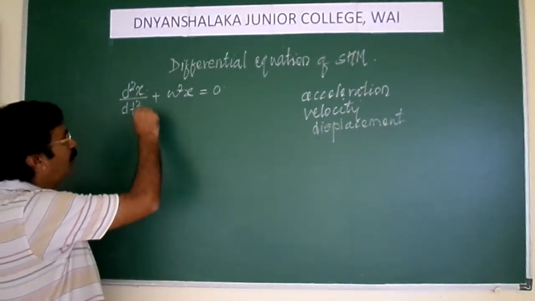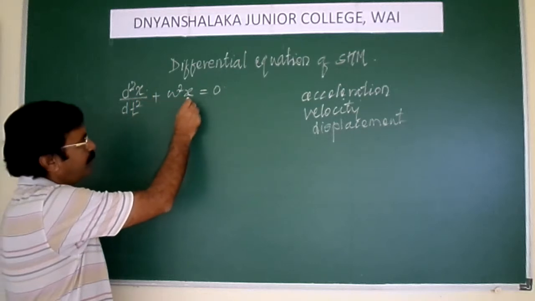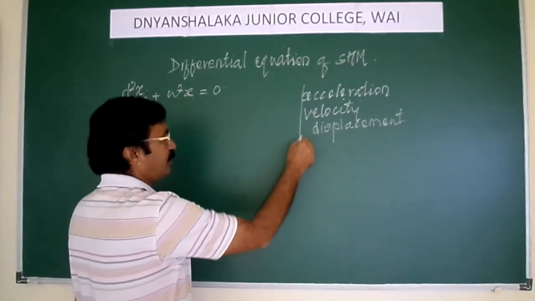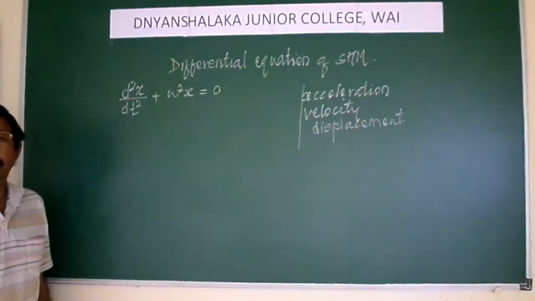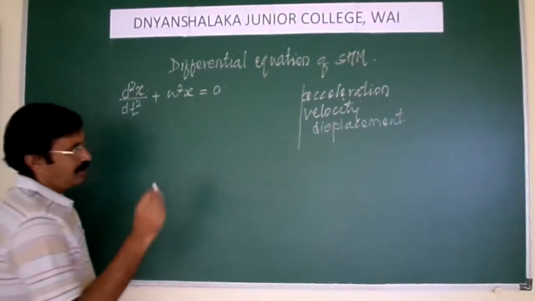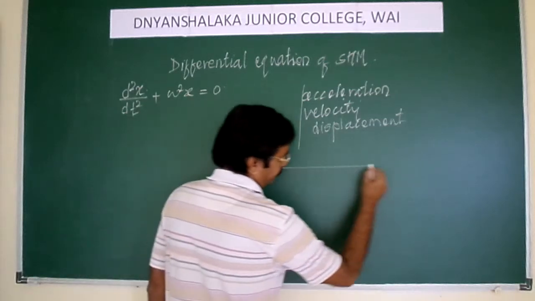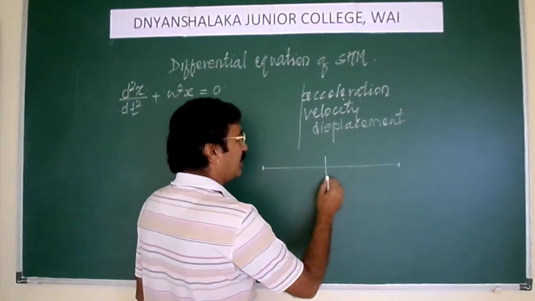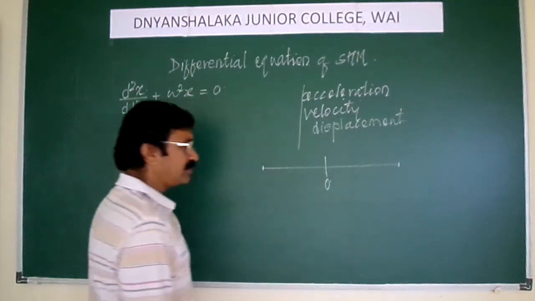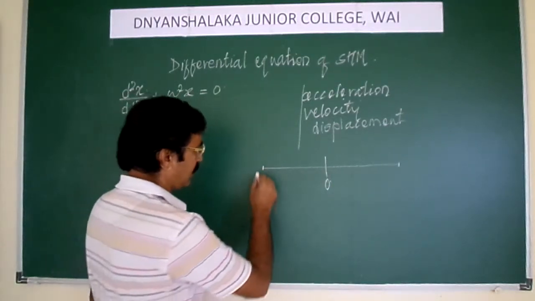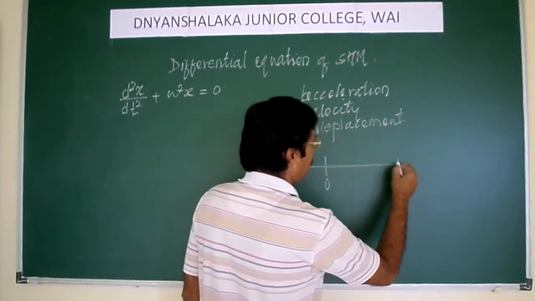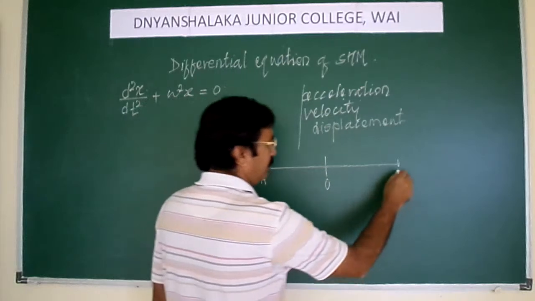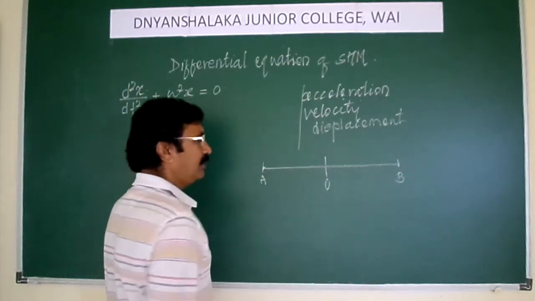So, from the differential equation of linear SHM, let us try to find out all these physical quantities. And what we know is, the given particle of mass m performs linear SHM along the path AB, where O is the mean position.